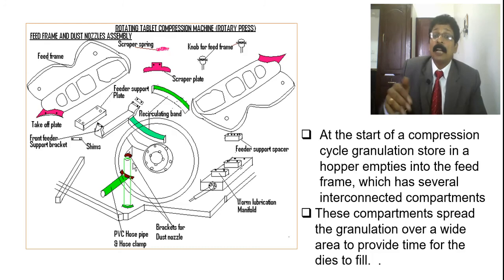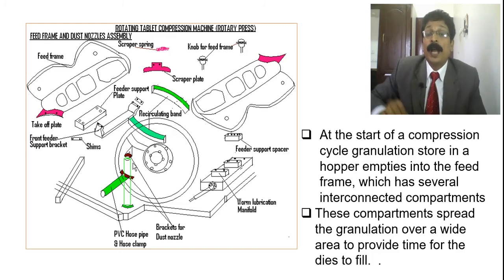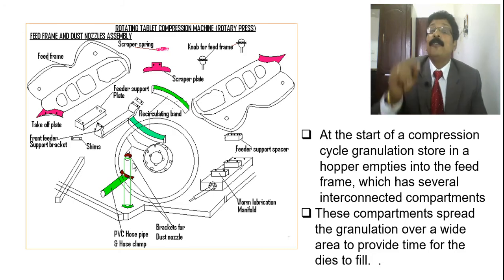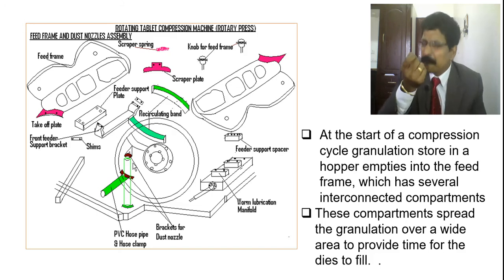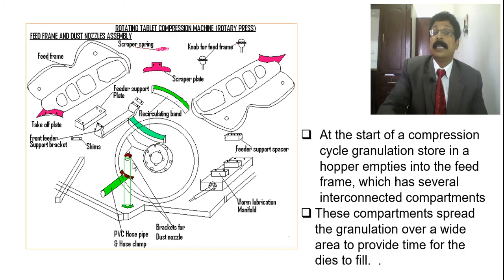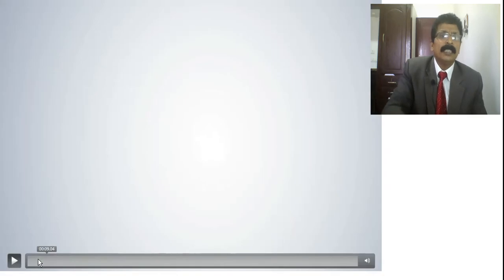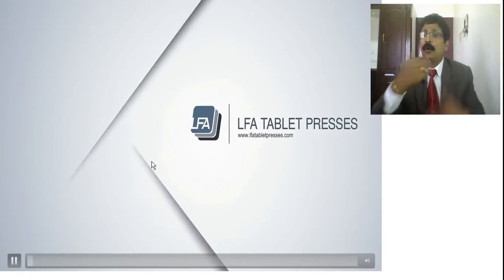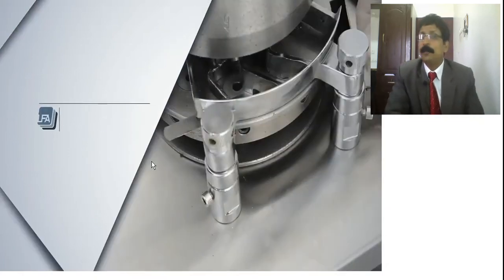These compartments spread the granules over a wide area to provide time for the die to fill. The die to be filled, it will give some time. Some time means fractions of a second only, but uniformly, regularly, the same weight will be filled. So you see just a video, and when we explain with the video and then I go to the next explanation, it will be helpful for the student.